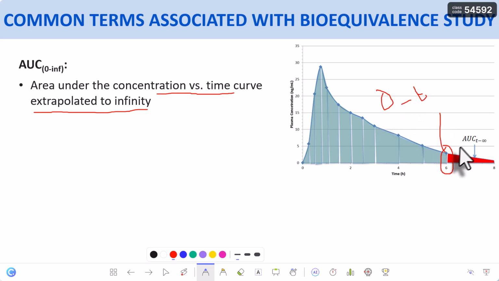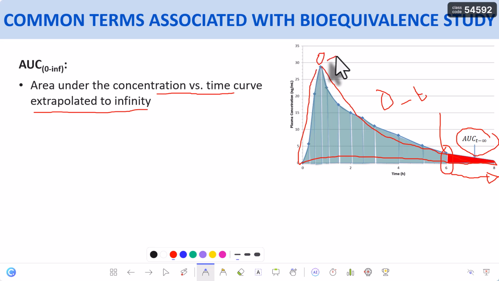But beyond this t, you can extrapolate the curve and predict the possible concentration until the complete elimination of the drug substance, which is called the t to infinity. So this entire area, covering this also, is called 0 to infinity.